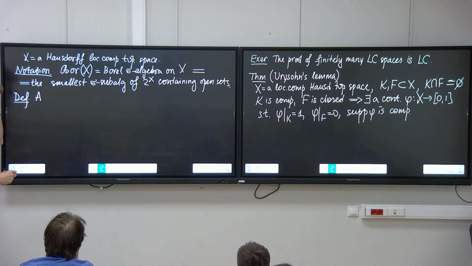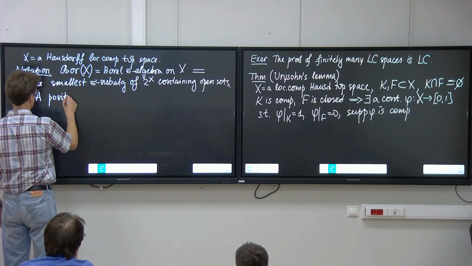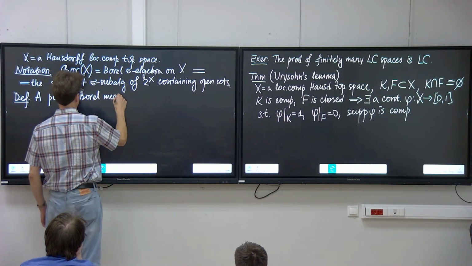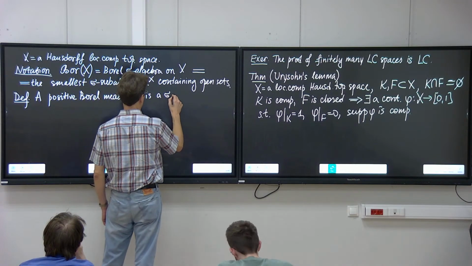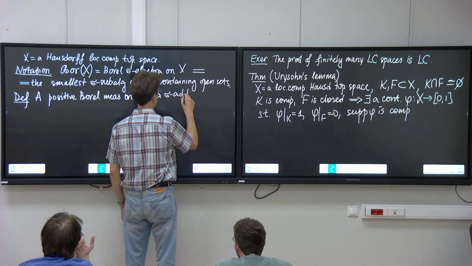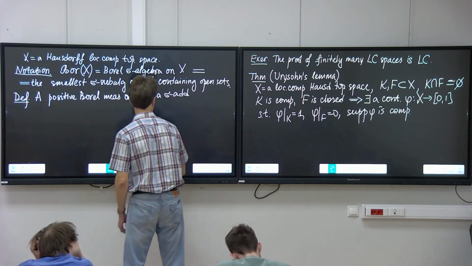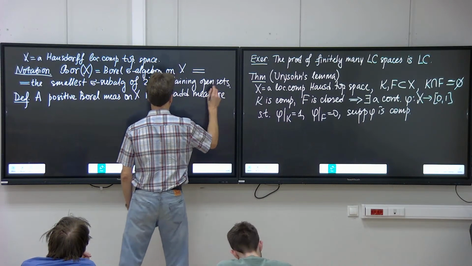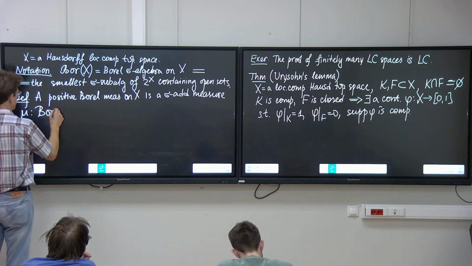By definition, a Borel measure, or more exactly, a positive Borel measure, on X is a sigma additive measure, that's denoted by mu, on the Borel sigma algebra.